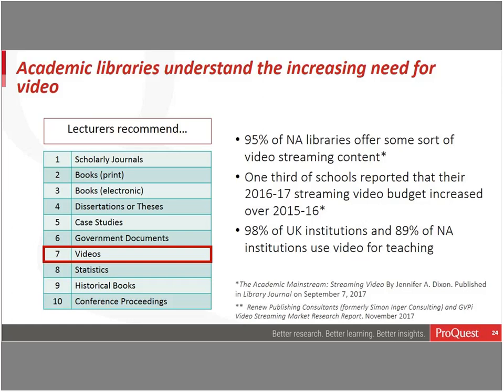Also, a really interesting point here, 1/3 of schools reported that their 2016-2017 streaming video budget increased over the previous year. So in these days of tightening budgets, it looks like video may be an area where budgets are actually increasing. Also, an overwhelming majority of UK and North American institutions use video for teaching, 98% in the UK and 89% in North America.